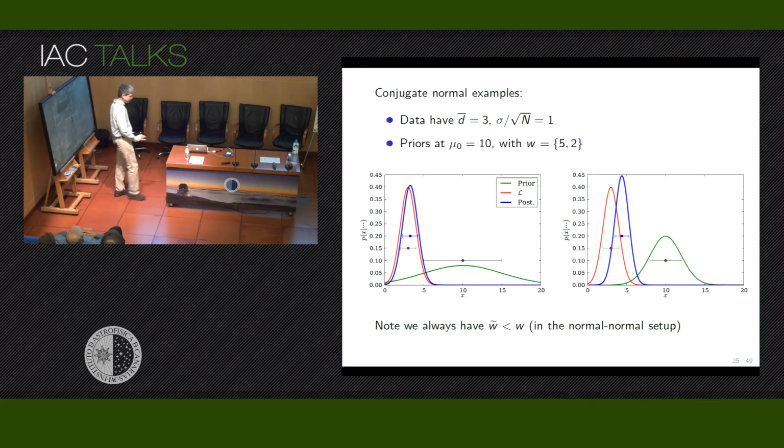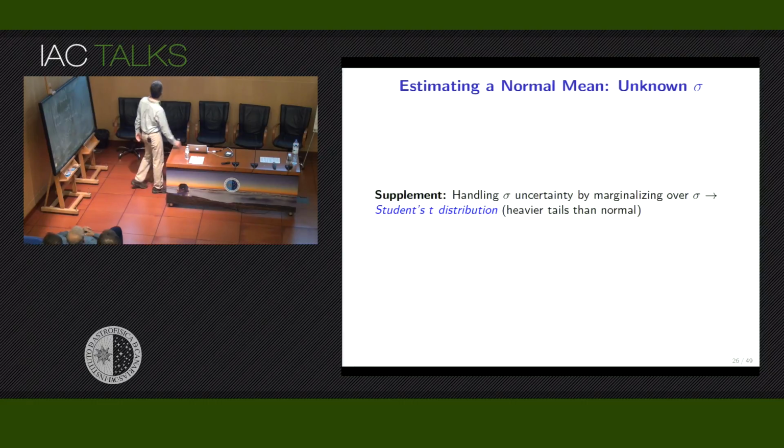But it's worth noting that about the normal distribution, that your posterior is always narrower than either the prior or the likelihood in the normal setup, and that might not be what you want to happen.